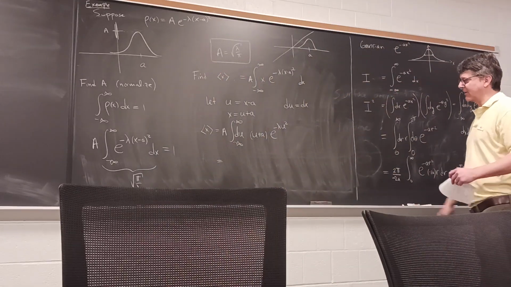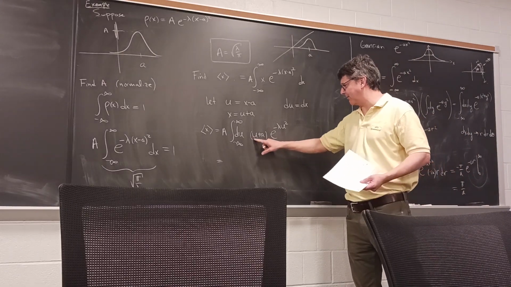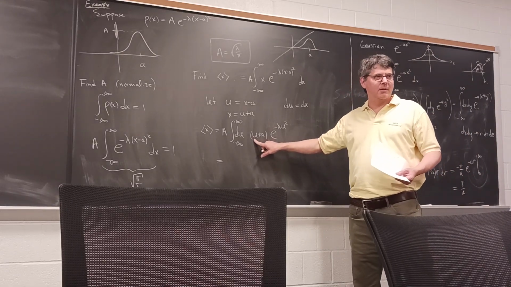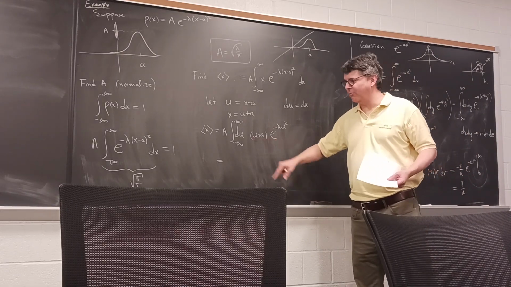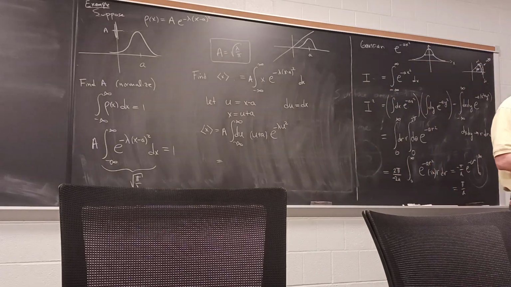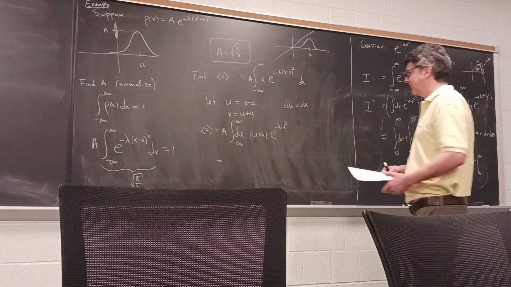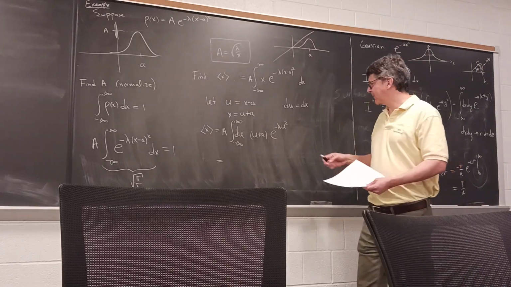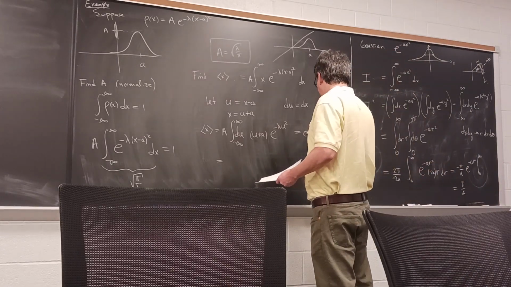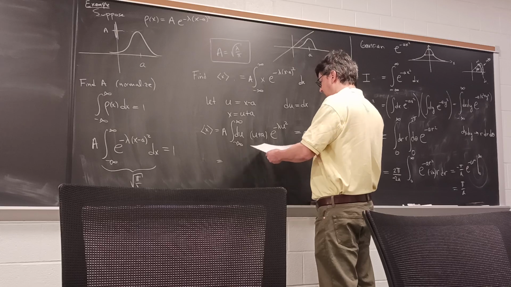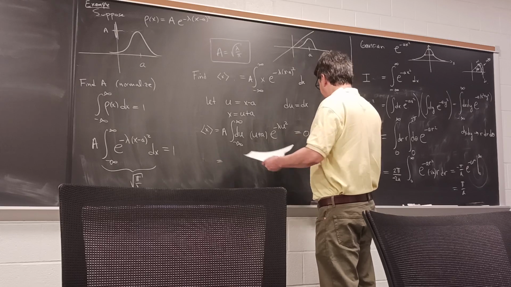Now I just have two infinite integrals here. I've got the one with the u and then the one with the a. So the first one would be 0, right, from symmetry. So that'll be 0 plus little a now times capital A.